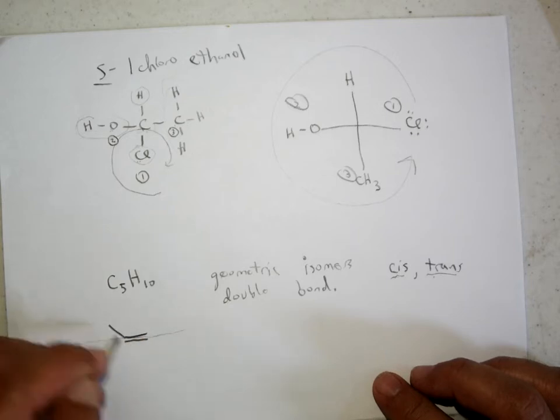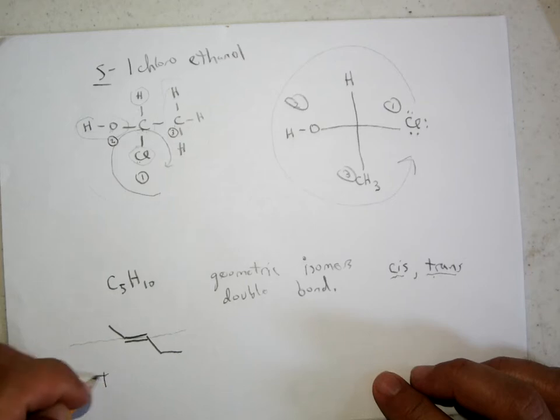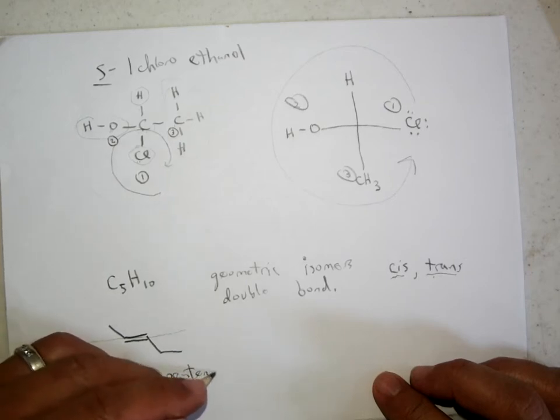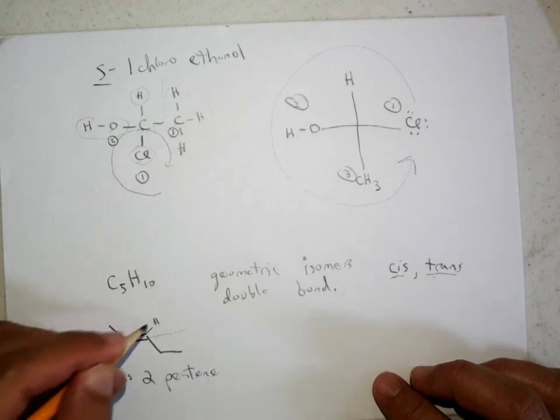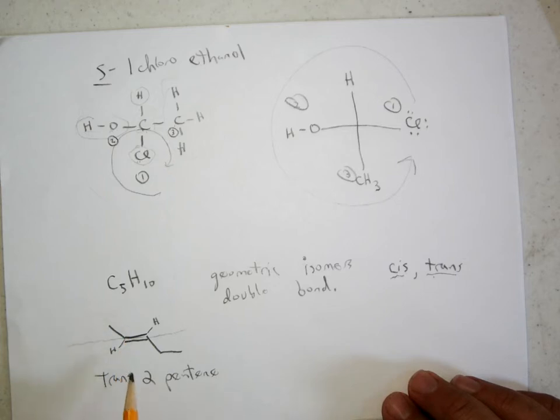If you have trans 2-pentene, that would be an example where the two hydrogens are across from each other, opposite sides of the double bond.